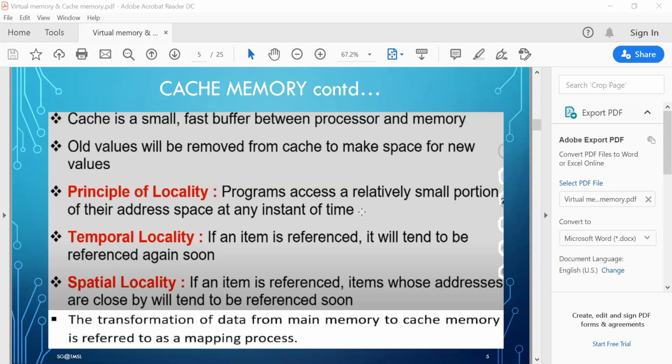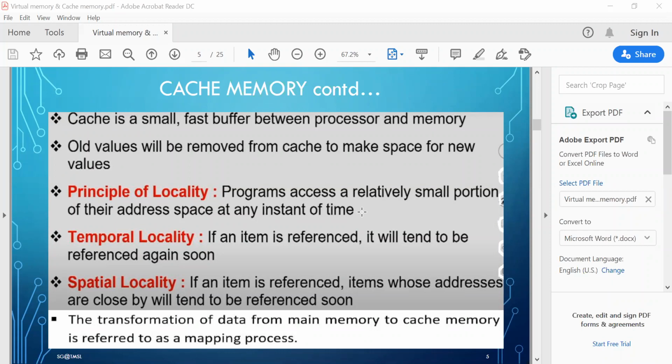In temporal locality, if an item is referenced, or if any instruction is executed, then it will tend to be referenced again soon. That means recently referenced instructions are likely to be referenced again in the near future.